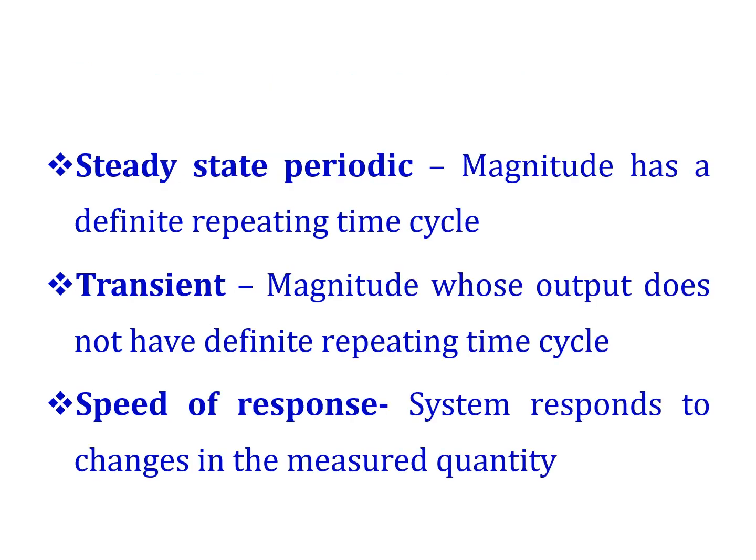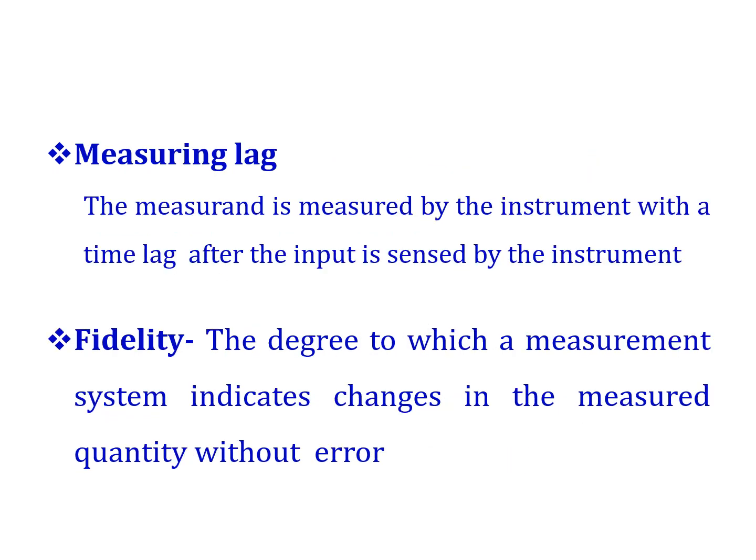Steady state, periodic means the magnitude has a definite repeating time cycle. Transient: the output does not have a definite repeating time cycle. Speed of response: the system responds to change in the measured quantity. Measuring lag is the delay in response of an instrument to changes in the measured quantity.